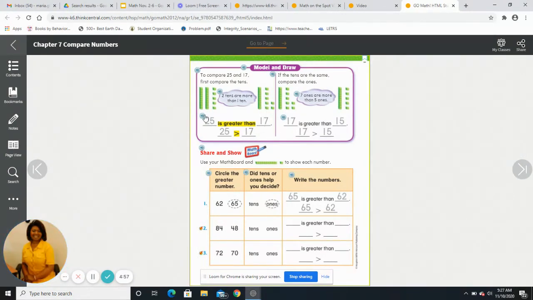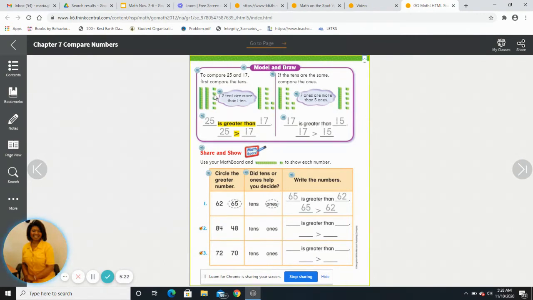Above it, we're going to write the letter T, which stands for tens, and O, which stands for ones. So over the 5 is the ones because our ones are on our right side. And on our left, we can write the letter T because it stands for tens. So the tens are on the left, as modeled here, and the ones are on the right.